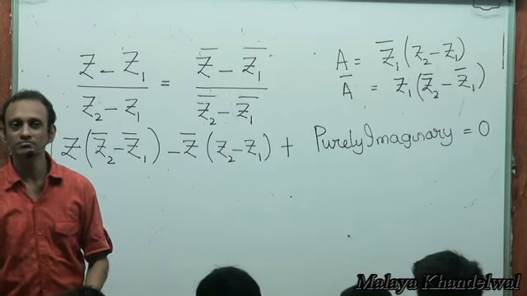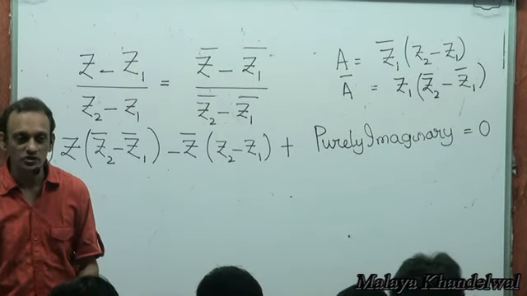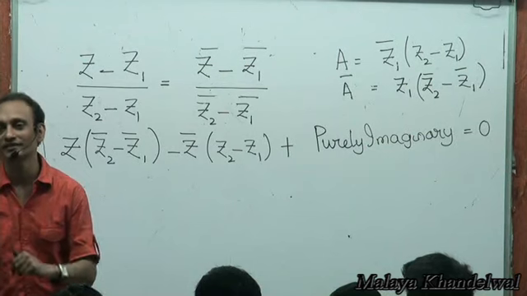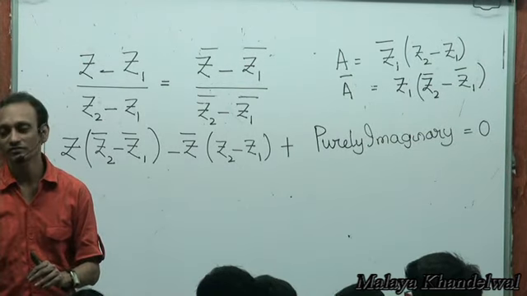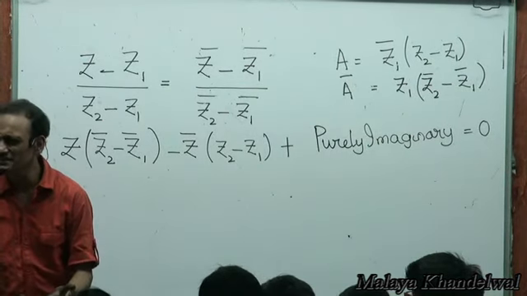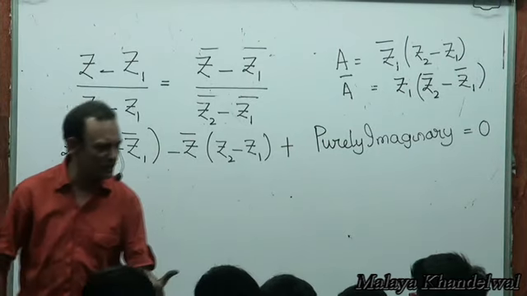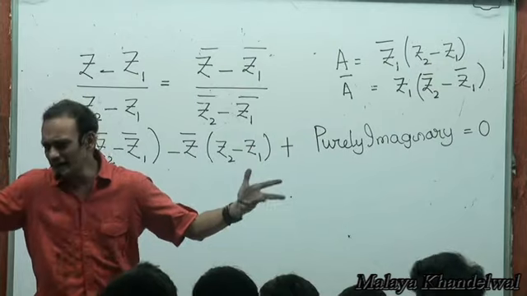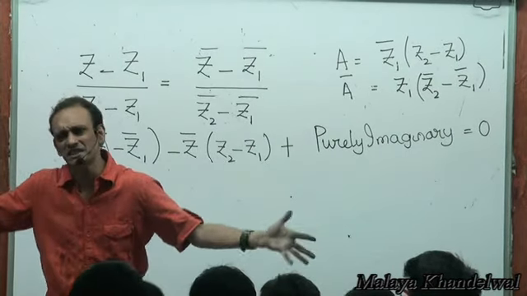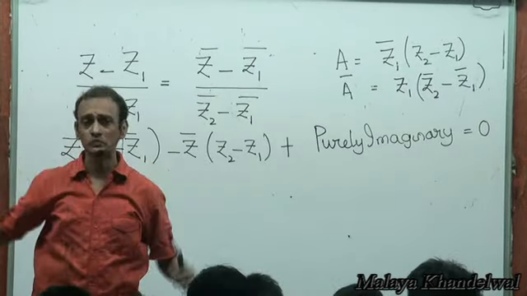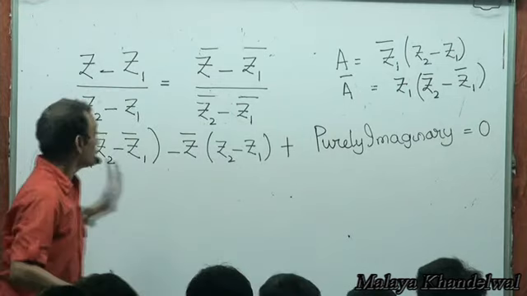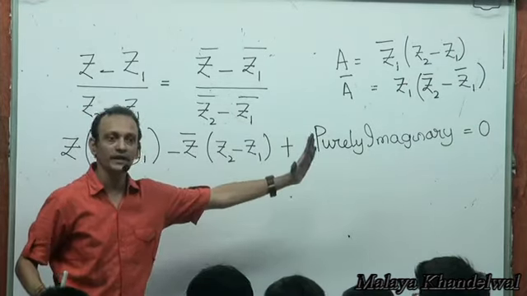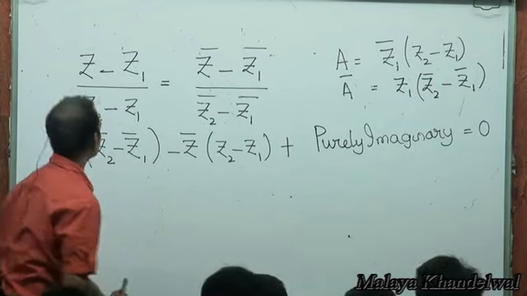What I do is, I would rather like to convert this purely imaginary into purely real. What would I do? Multiply with i, isn't it? If a purely imaginary number is multiplied with i, it will become purely real. i times t into i would be minus t, which will become purely real. Yes or no? Yes, sir. Let me multiply the whole thing with minus i. Right?